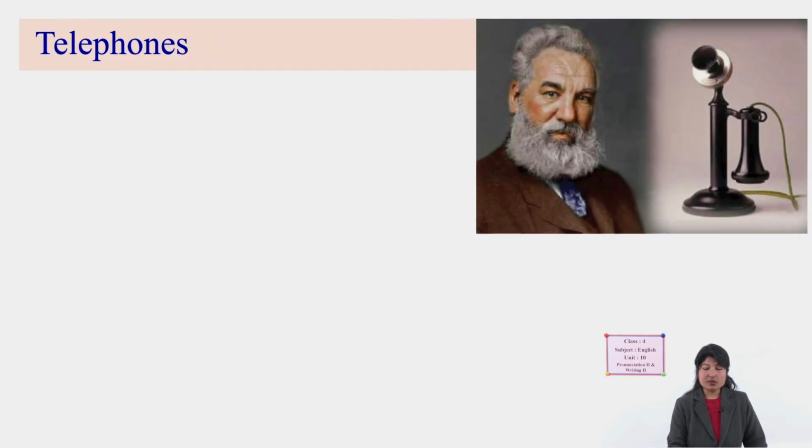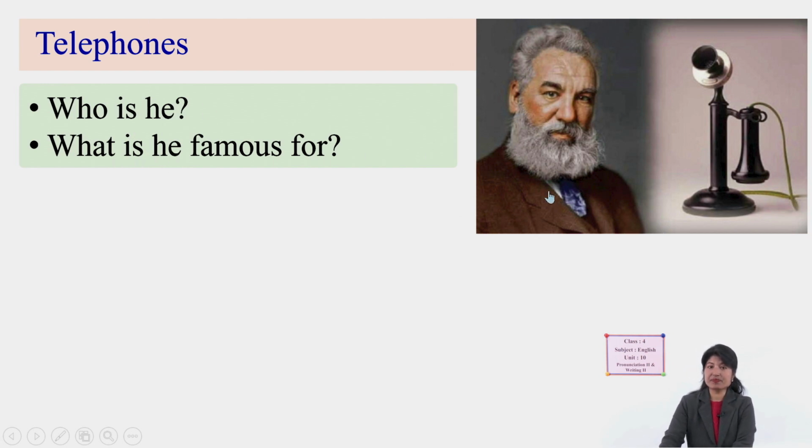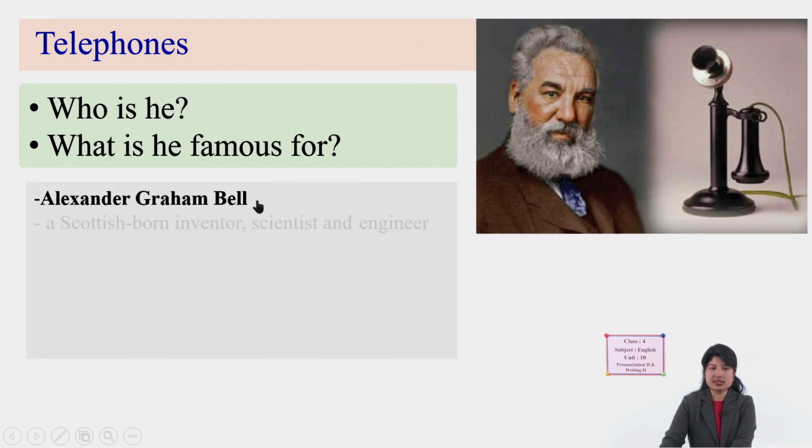Telephones. Okay, do you remember this person? Who is he? What is he famous for? Yes, we have discussed him. He is Alexander Graham Bell, and he is famous for inventing the telephone. He was Scottish, born in Scotland.